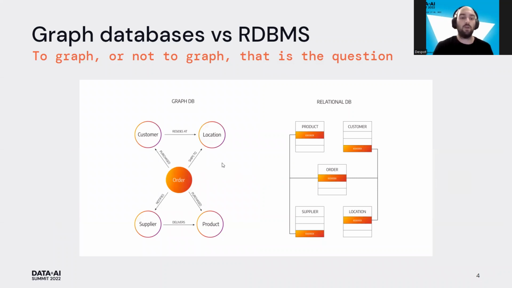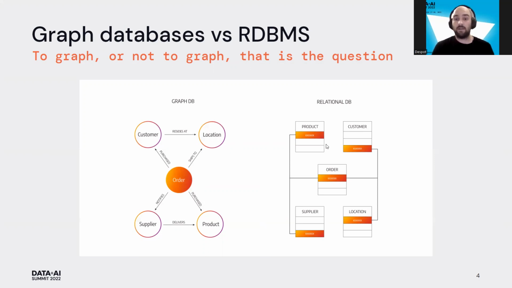So for example, when you have a customer, this customer knows all of its connections to other entities in the network. For example, it's connected to location nodes with the relationship resides at, and it will be much faster to get this relationship and this location in a graph database.